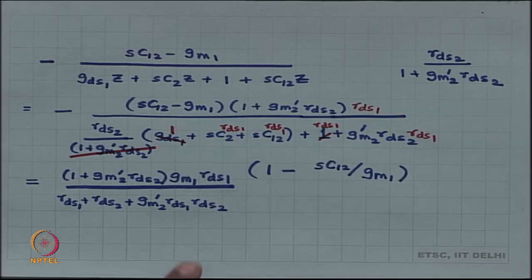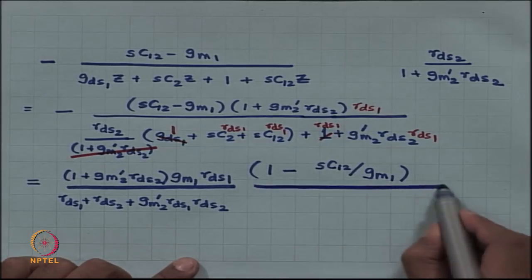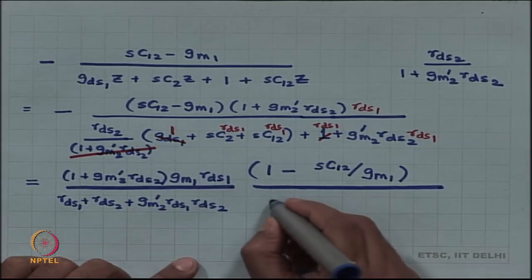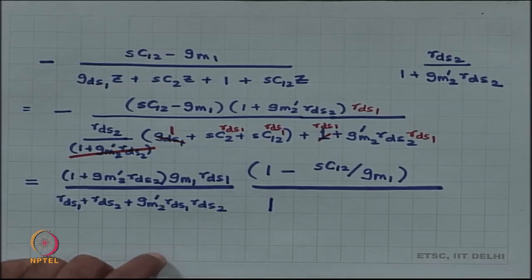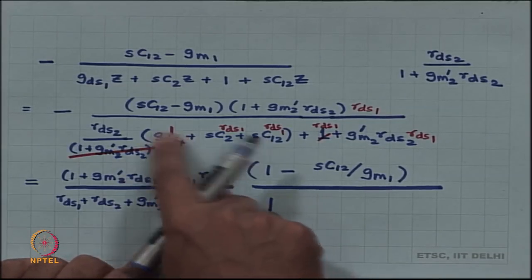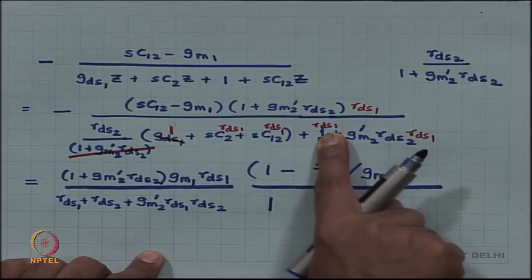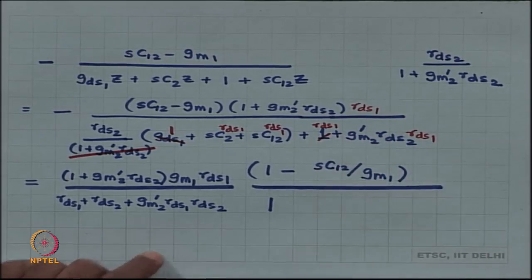Okay. And when I do that, I am left with a 1 at DC, because I have taken out RDS2, RDS1 and this whole thing, right.